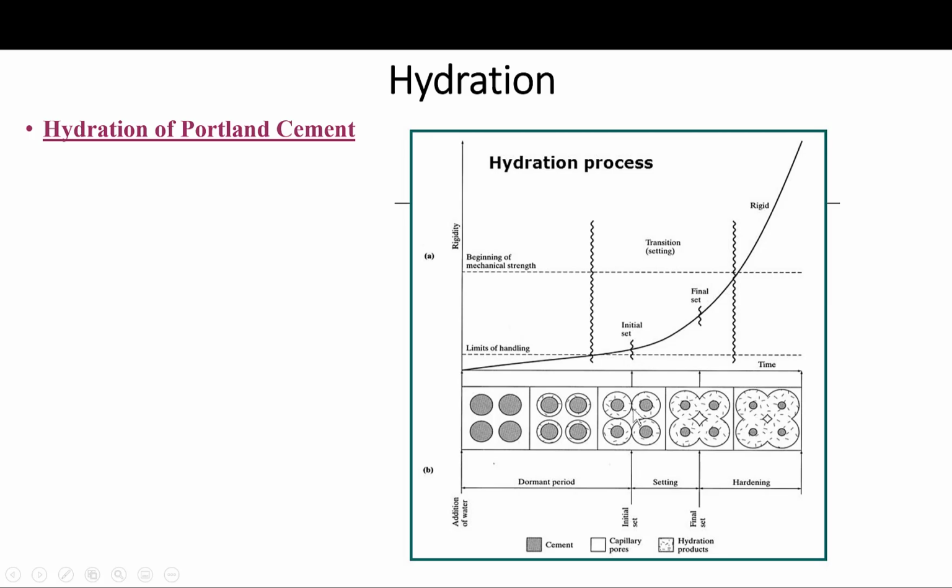We end up here with the initial set after the end of the dormant period. It shows you here the limits of handling with the concrete for transporting, placing and finishing. It shows you here where the final set occurs and where the rigidity started to take place, the hardening of the concrete. So this is just a good representation to further re-emphasize the point.